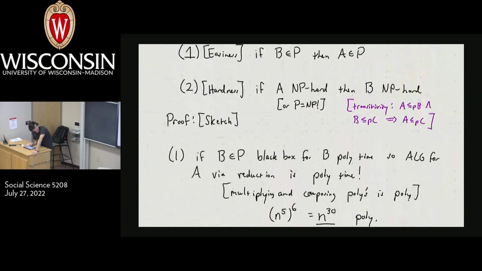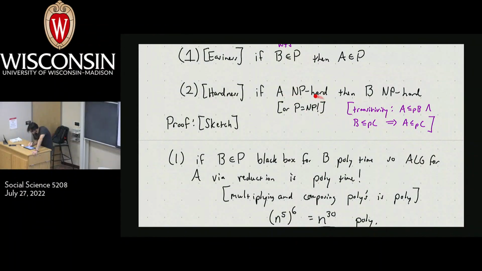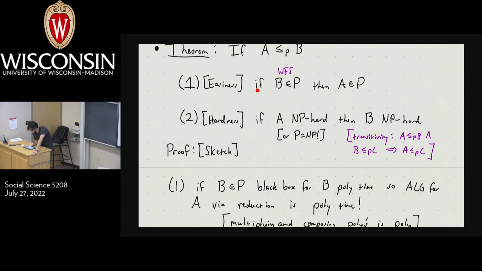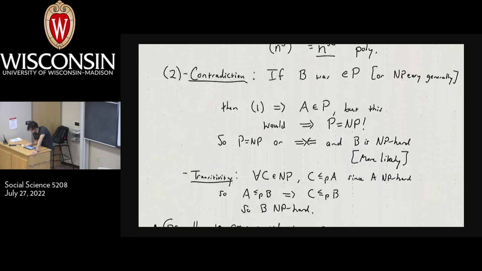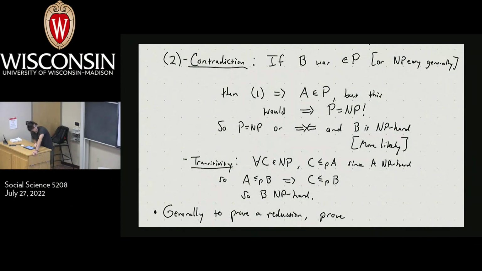So if A is hard to solve and B was easy, we get a contradiction because of part 1. So if A is hard to solve, that immediately tells us that B is hard to solve. That's how you think of it from a contradiction perspective.